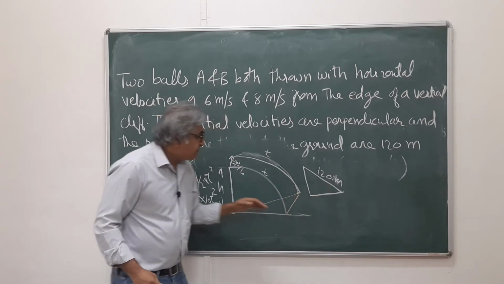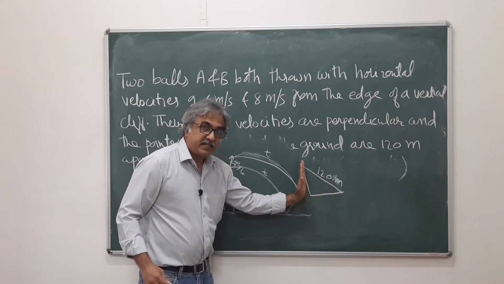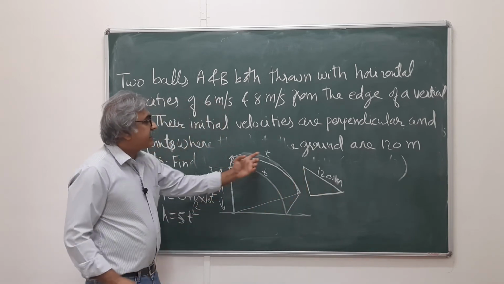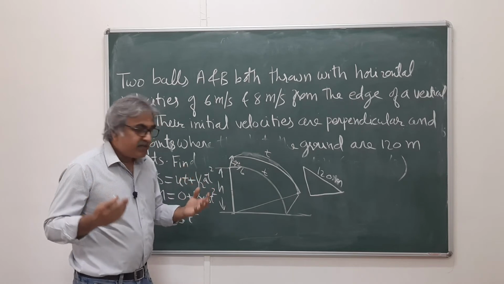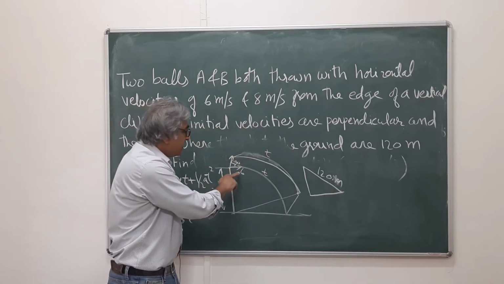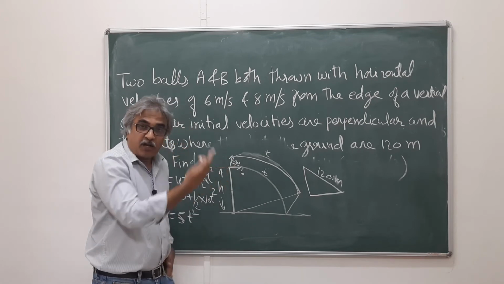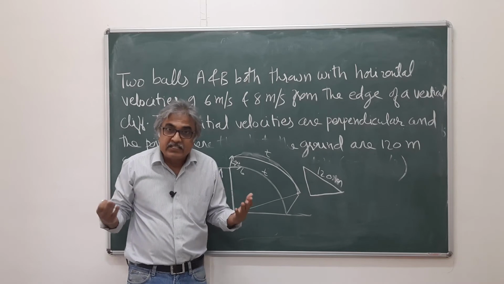You are told that the horizontal displacement is given by this, and the other displacement is given by this other ball. If t is the time, then the horizontal displacement of the first ball, whose horizontal velocity is 6 meters per second, will be 6 into t, because for a projectile, horizontal velocity doesn't change.